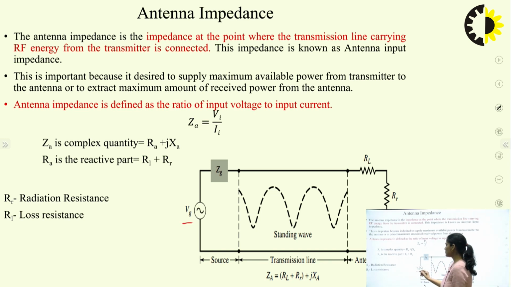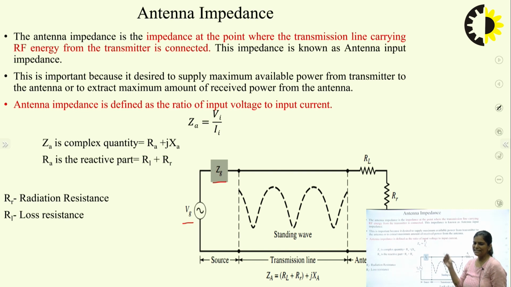This is the source represented by VG, this is the transmitter, and this is the receiver side, the antenna. This is the transmission line, where standing waves are present. At the source side, the impedance is represented by ZG.